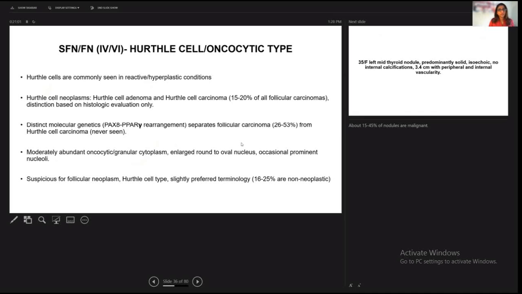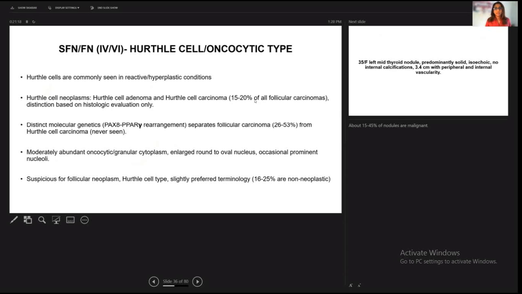The Hürthle cell or oncocytic type in this category, which is suspicious for follicular neoplasm or follicular neoplasm oncocytic type, refers mostly to the identification of Hürthle cell neoplasms or Hürthle cell carcinoma. That's the whole goal of that category.